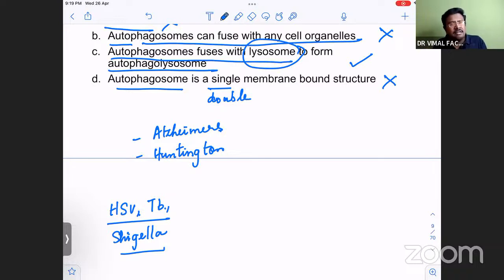Similar to anoikis, autophagy also protects against cancer, and also it helps in cancer survival, similar to the mechanism of anoikis. So these are the important things. Autophagy can also play a role in inflammatory bowel diseases. So these are the MCQs which can be framed with autophagy.